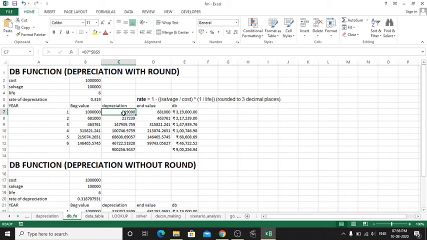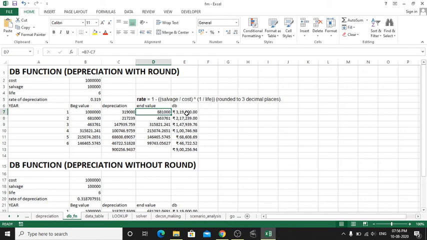In actual life, it is the beginning value into the fixed rate, and that is what happened here also. We obtained this value. The end value will be the difference between the beginning value and the depreciation value.